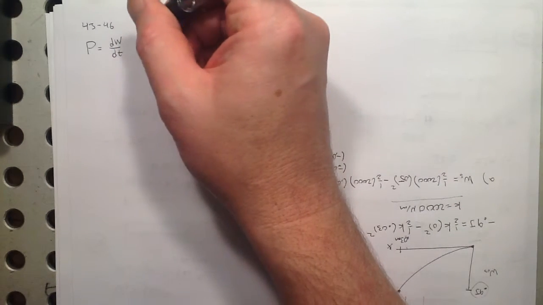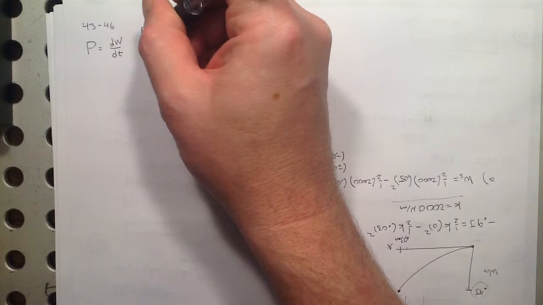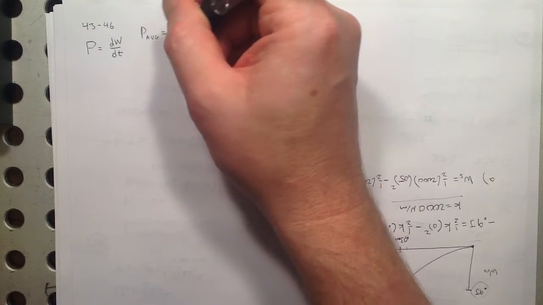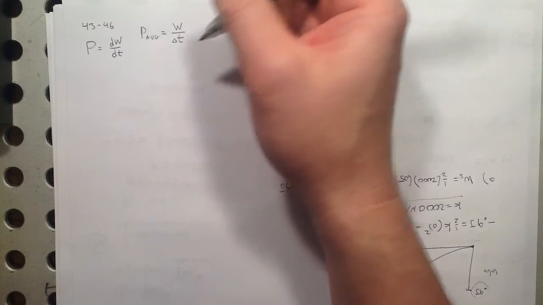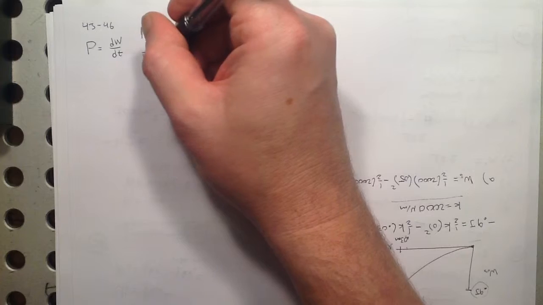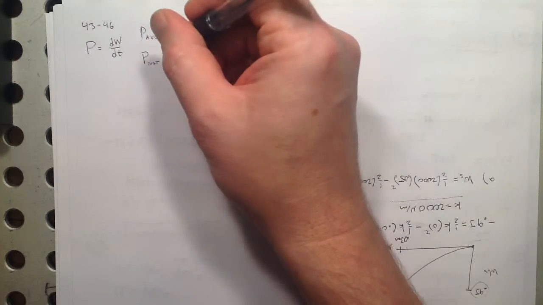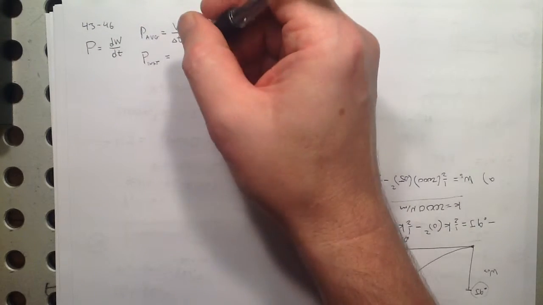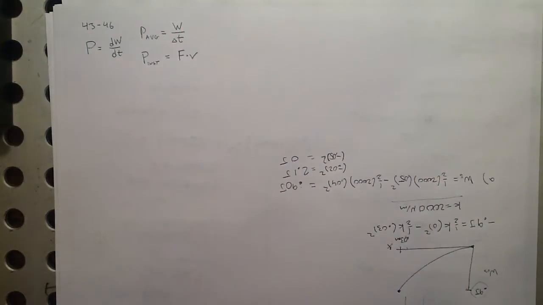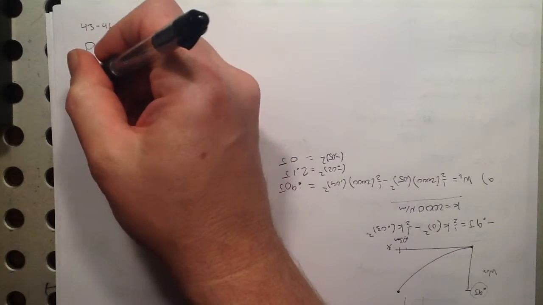Now, average power would just be the amount of work done over a time interval. But instantaneous power is this derivative, and we know from our notes that that is equal to force times velocity. So you've got to pay attention to what you have and which one of these you should be using.